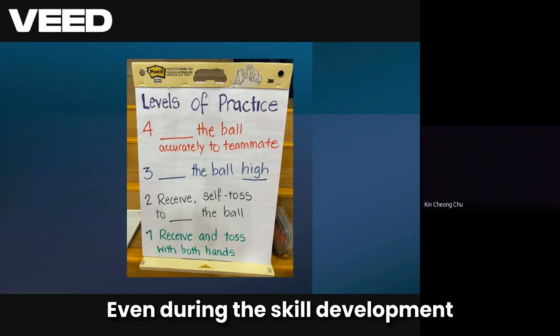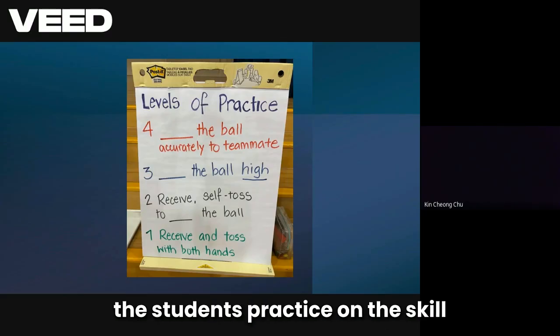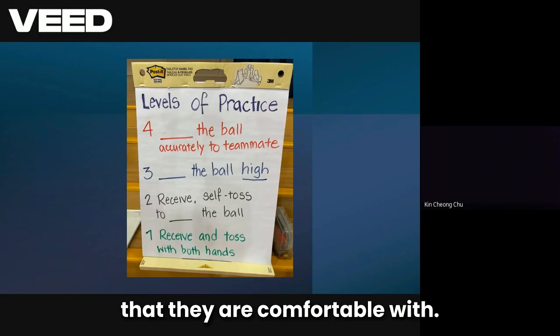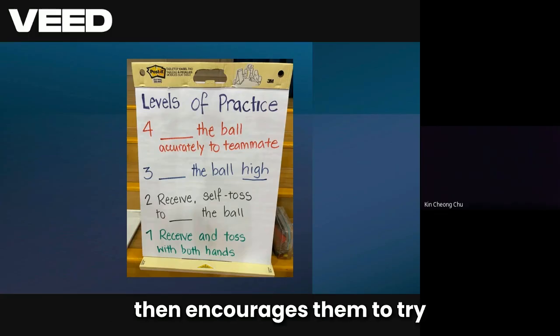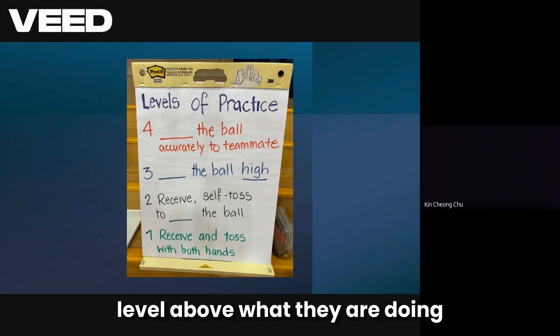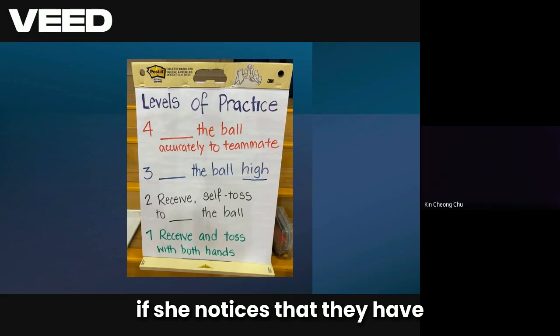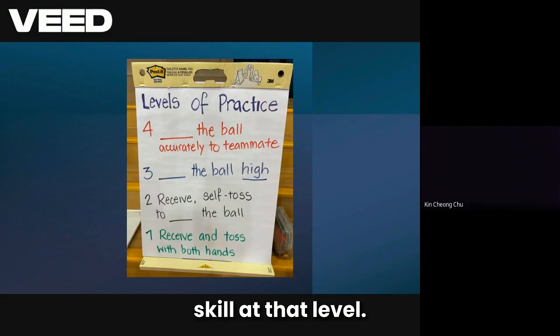Even during the skill development practice phase of the lesson, the students practice on the skill that they are comfortable with. But as the teacher moved around from area to area to observe, she then encourages them to try practicing a skill that is a level above what they are doing if she notices that they have already mastered that particular skill at that level.